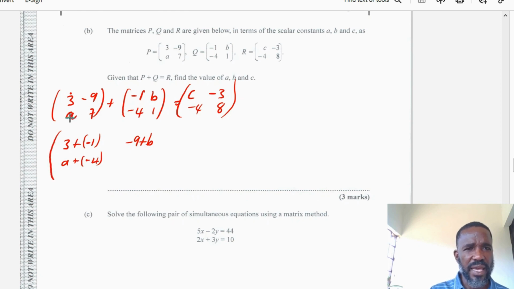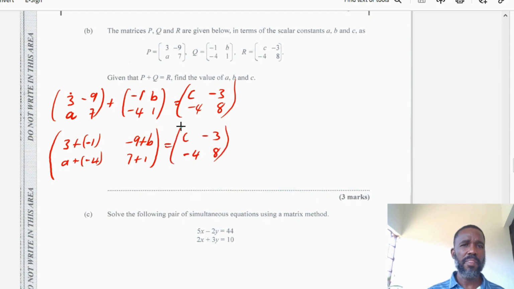And then 7 plus 1. And that is equal to R, the matrix 2, -3, -4 and 8. What is equal to C is that these two values are corresponding values.